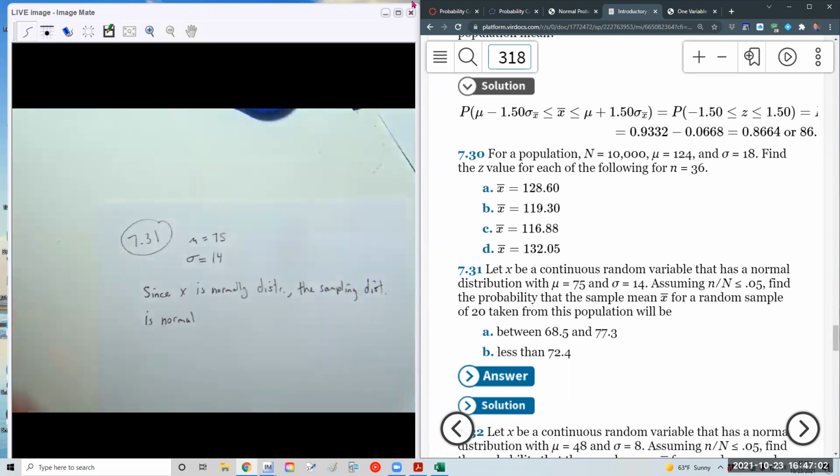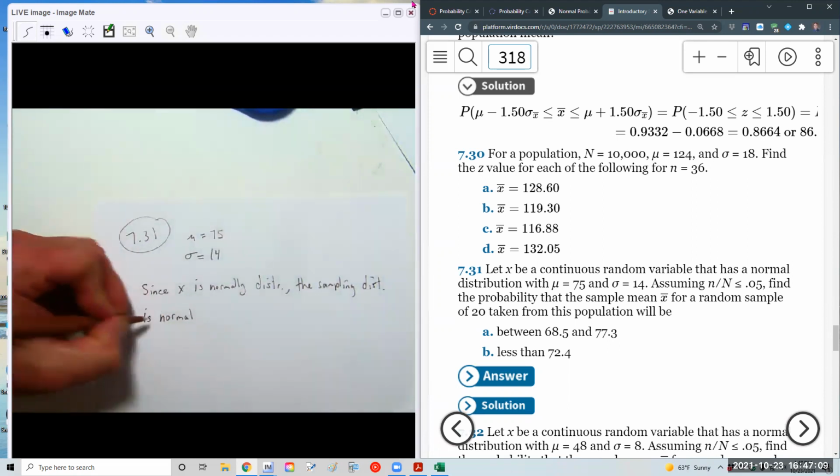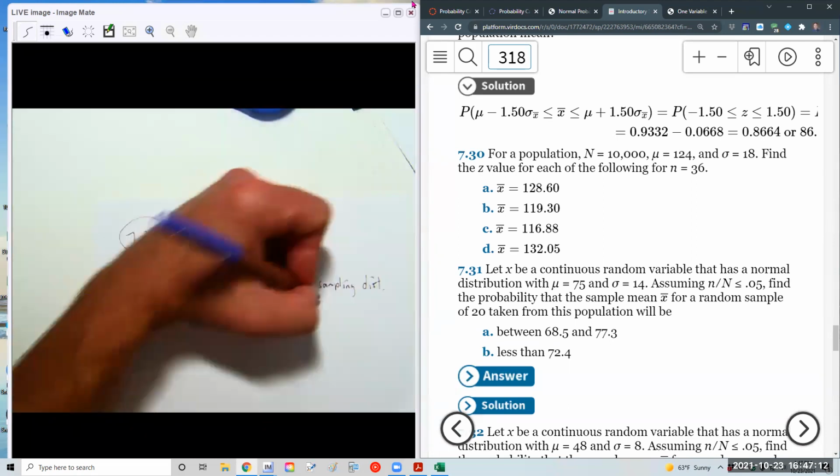Now, you don't have to write this into your answer if you're doing this problem, but I'm using this as a teaching moment, so I am. Okay, so we know that the sampling distribution is normal.